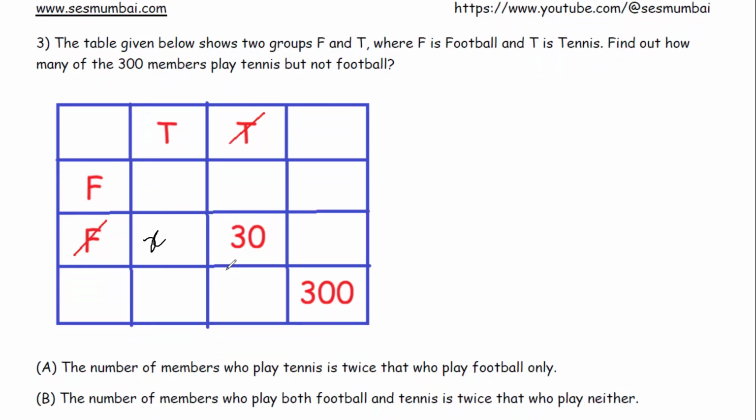The number of members who play tennis, that is this one out here, is twice that who play football only. Football only. So this is football only, okay? Right? So suppose this is Y, then this one out here is 2Y, okay?